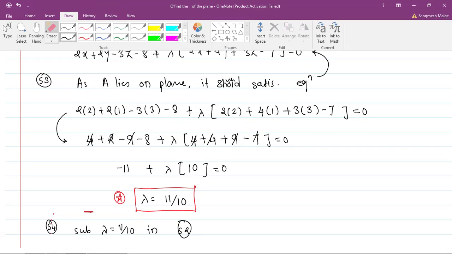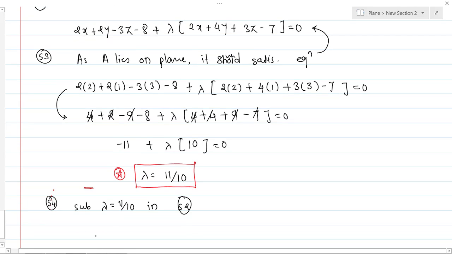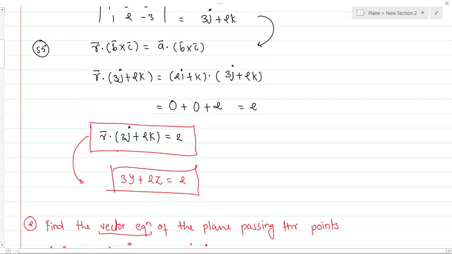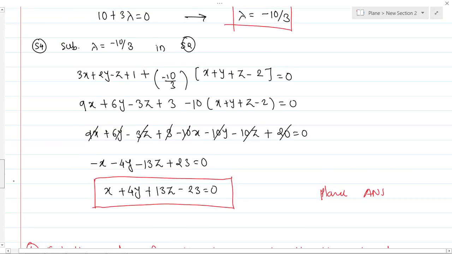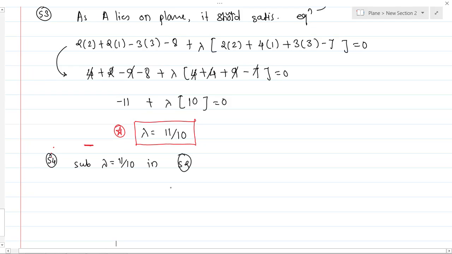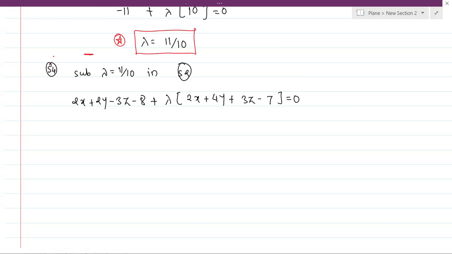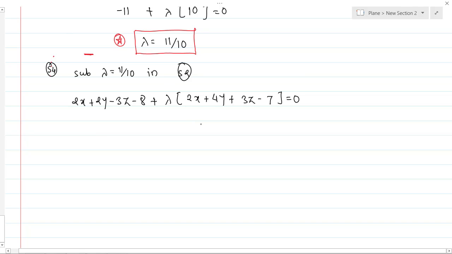So let me copy this, and let's directly substitute the value of lambda. Now substitute the value of lambda. Lambda is nothing but 11 by 10.